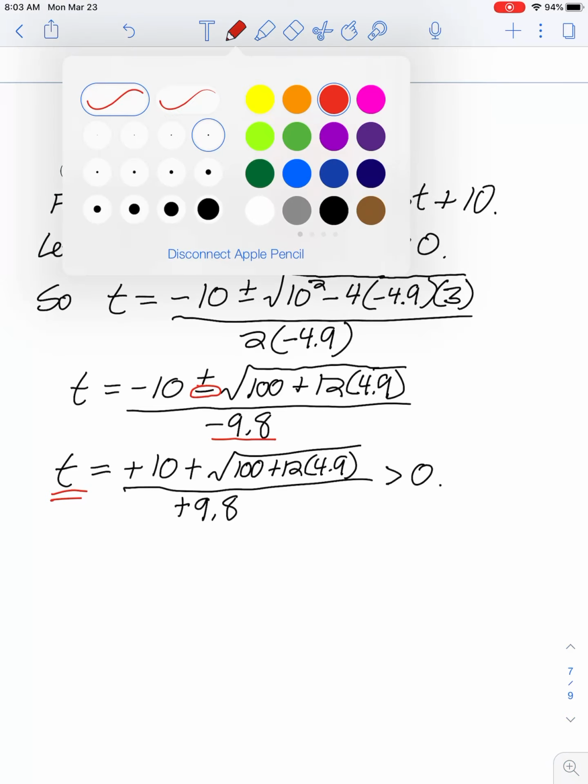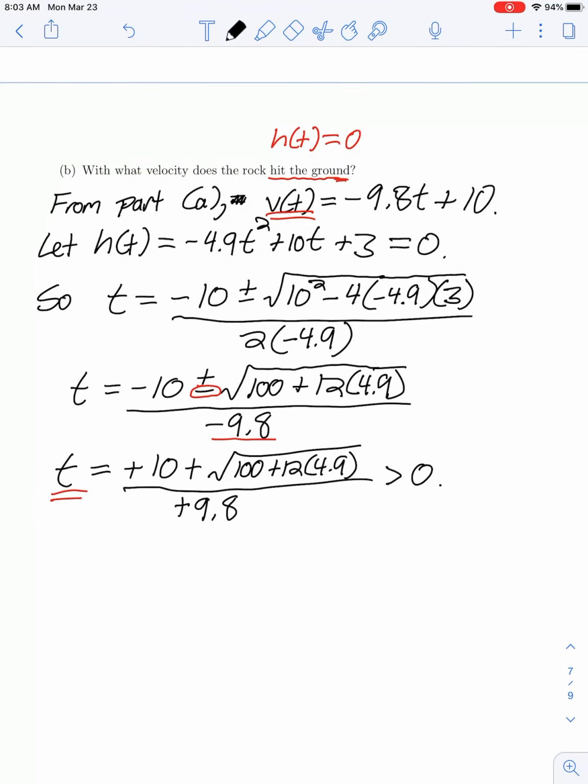and substitute it into our velocity function. So we find that the velocity, v, at this time that we just found, 10 plus square root of 100 plus 12 times 4.9, all over 9.8, is equal to, well, let's see what we get.